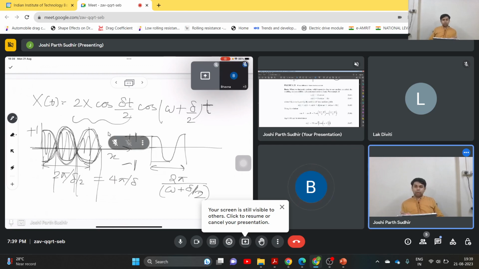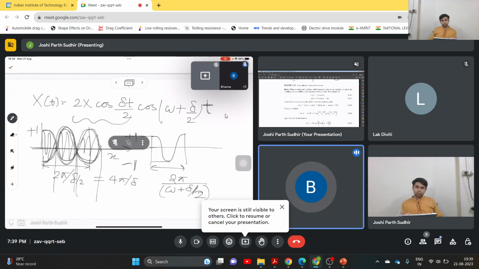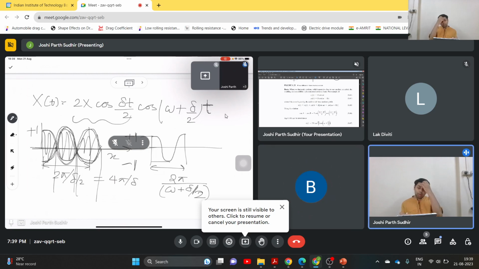The time period should be equal, no, sir, for this? See, if you plot this 2x cos delta t by 2 separately, it has a time period of 4 pi by delta. That is correct.